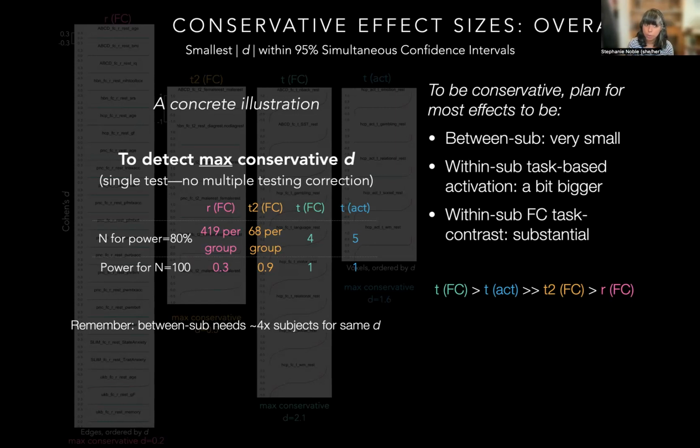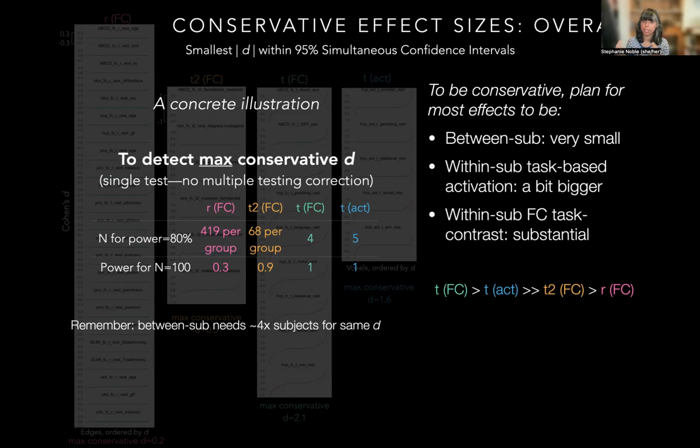For a correlation-based study, you would need 400 subjects per group, or 800 subjects in total, to be well powered to detect that effect. For the 2-sample context, you would need 68 subjects per group, so about 130 subjects in total. But for the functional connectivity, task rest contrast, and for the activation mapping context, you would only need 4 or 5 subjects to detect that max effect for those contexts.